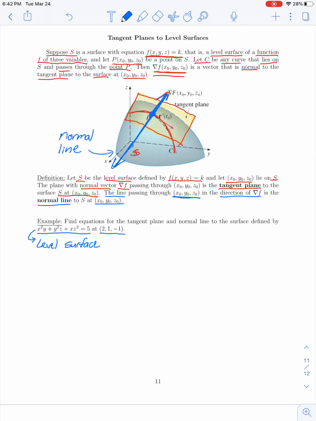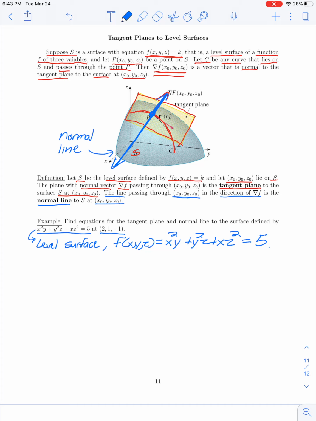So here we have a level surface, which is defined by setting a function of 3 variables, f of x, y, z, which in this example is x squared y plus y squared z plus xz squared, equal to a constant value of 5. So this is a level surface.